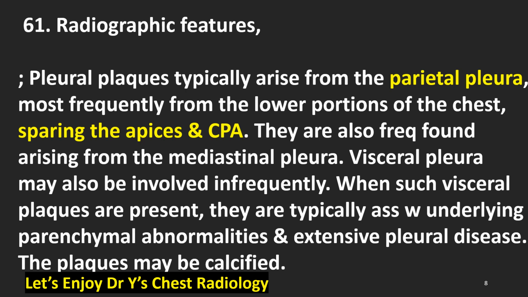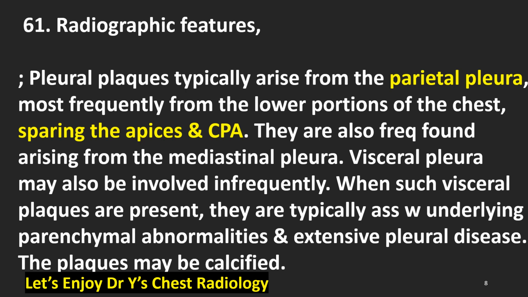Radiographic features of pleural plaques. Pleural plaques typically arise from the parietal pleura, most frequently from the lower portion of the chest, sparing the apex and costophrenic angle. They are also frequently found arising from the mediastinal pleura.